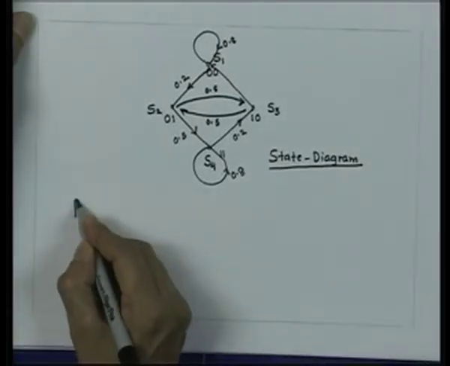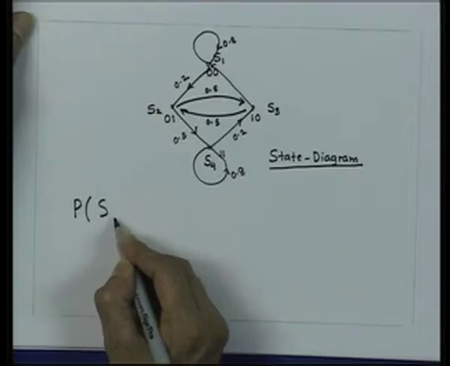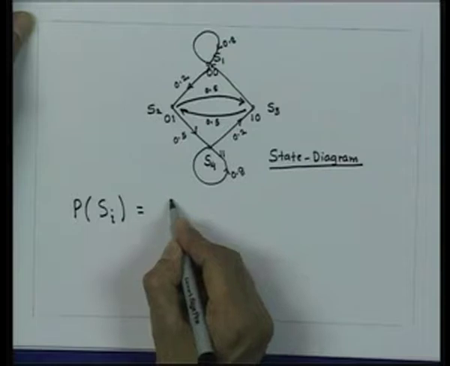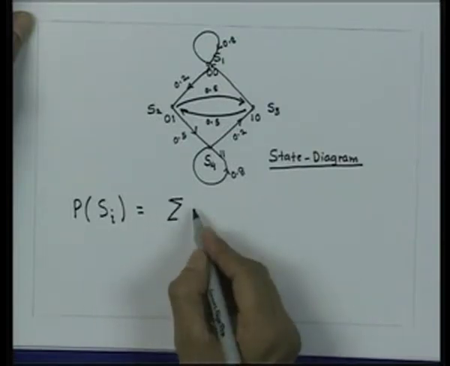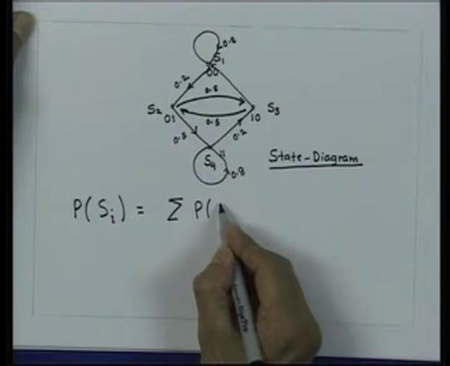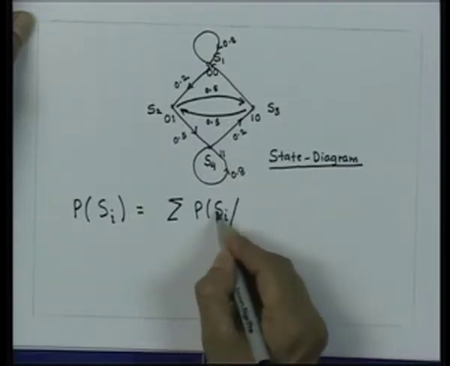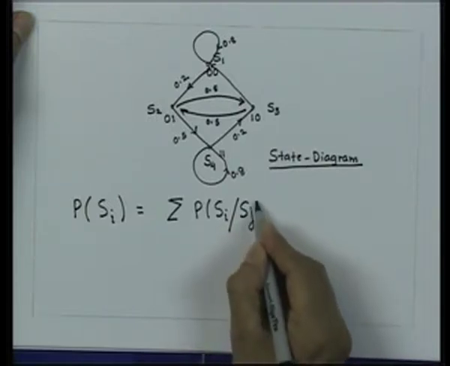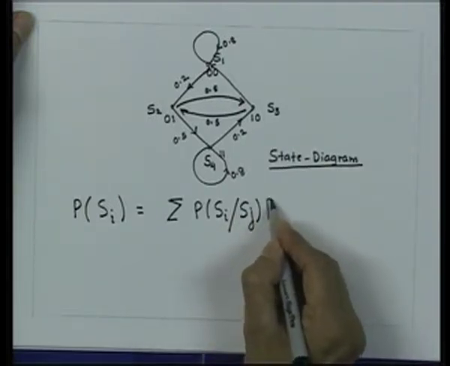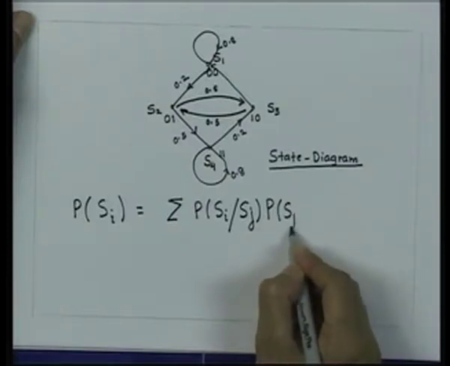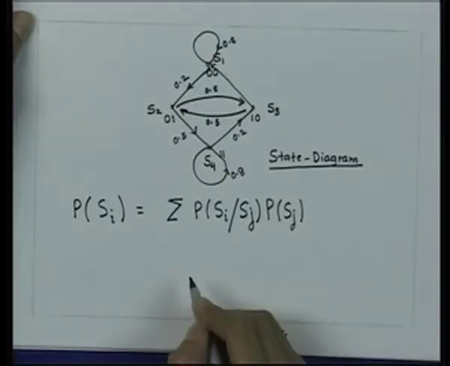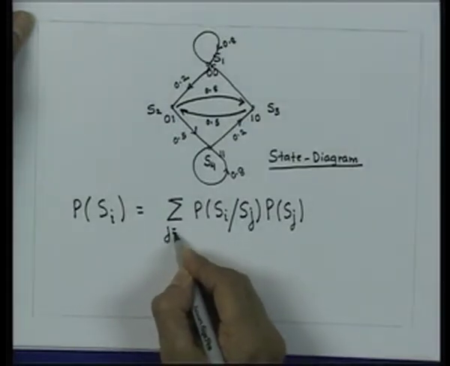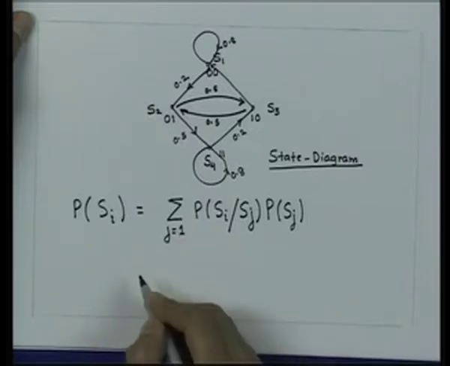Now, for any particular state, if I want to calculate the probability of the state, that would be given by the following expression. Probability of being in a particular state Si, given I was in a state Sj, times the probability of the state Sj, that is P(Sj), and this is summed over all the values from j equal to 1 to 4.